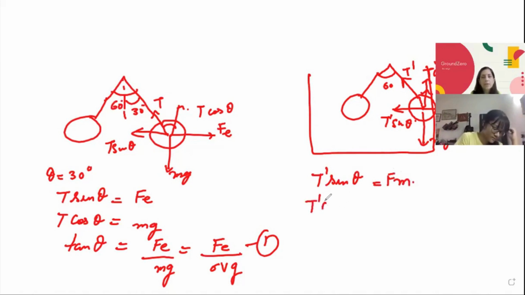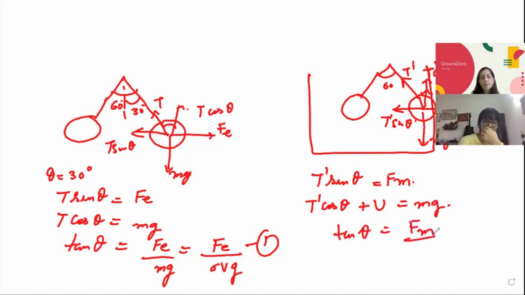And T dash cos theta plus the upthrust is equal to mg, right? So when you find tan theta, what will you get? Fm upon mg minus the upthrust force. So that is our equation 2.